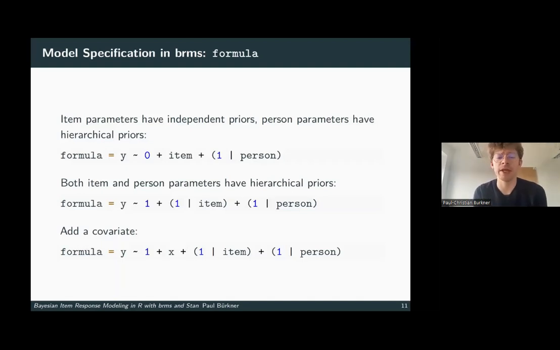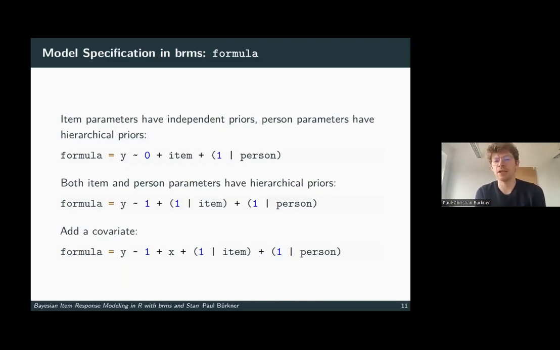What does that mean? So first of all, everything before the tilde is the response, in this case called y. Then the 0 plus item ensures that if item is a factor, we're going to remove the intercept and instead have cell mean coding for the items. That is, for every item, we are going to have one fixed effect, like one coefficient per item.